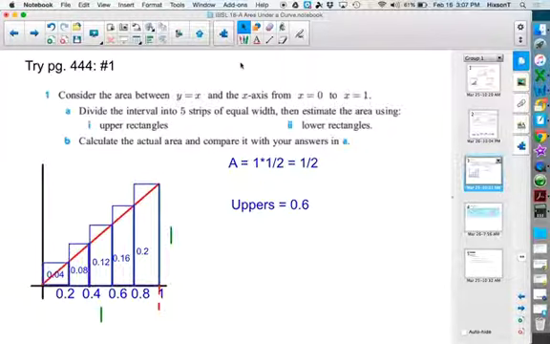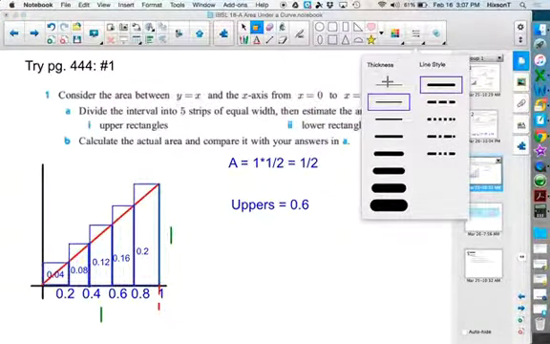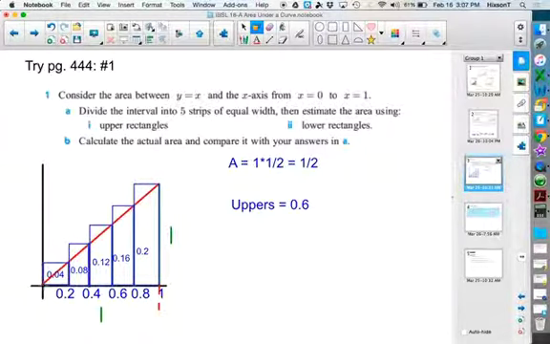Now the lowers, we can do the lowers as well, all right? I'm not going to run through the entire process here, but let's take a look at these lower ones. Again, we're going to make the rectangles, but we're going to use the left side or the lower side of each one. So guess what? What's the height of this first rectangle? 0.